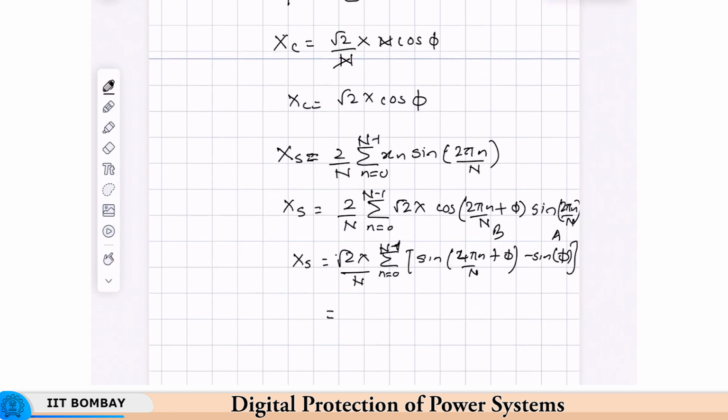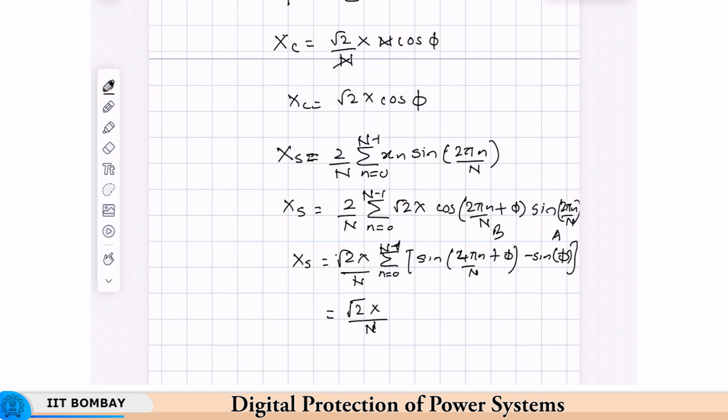Similar arguments as last time, this is a double frequency sinusoidal term summated over a full time period, which will give us 0, I am sorry, and this term will give us minus sin phi summated over n times. So, this is 0.